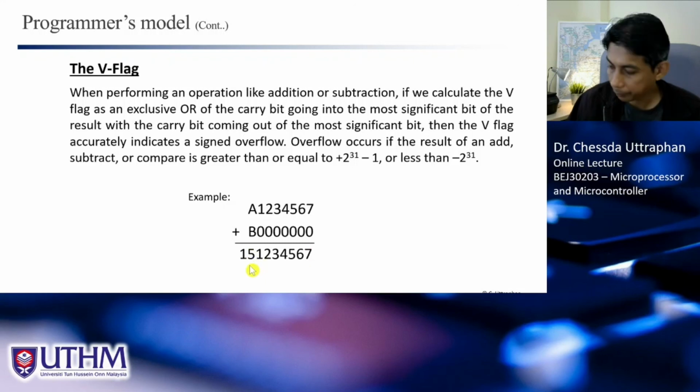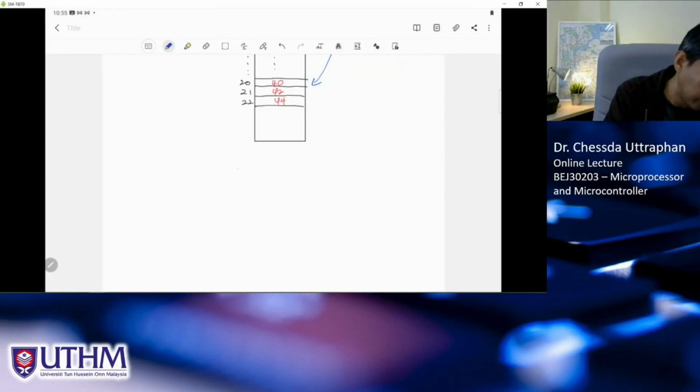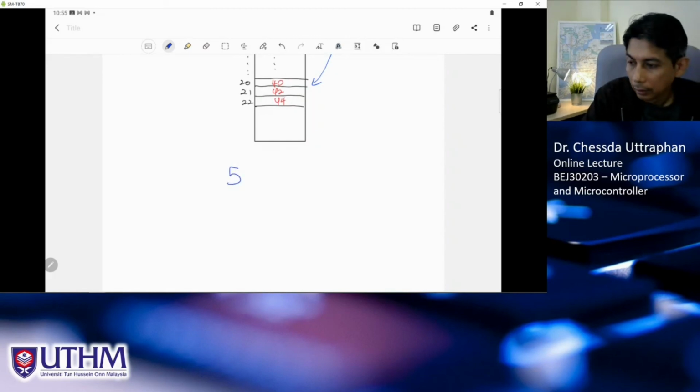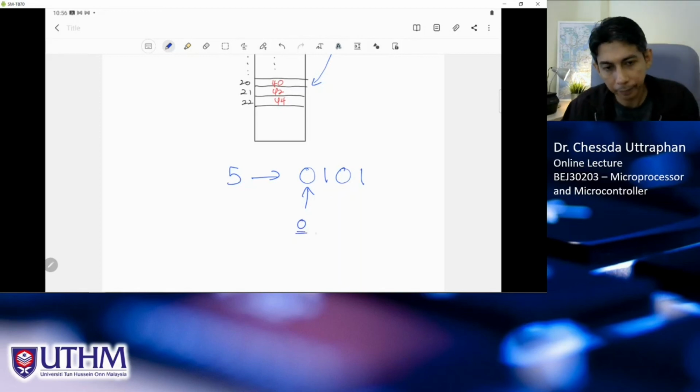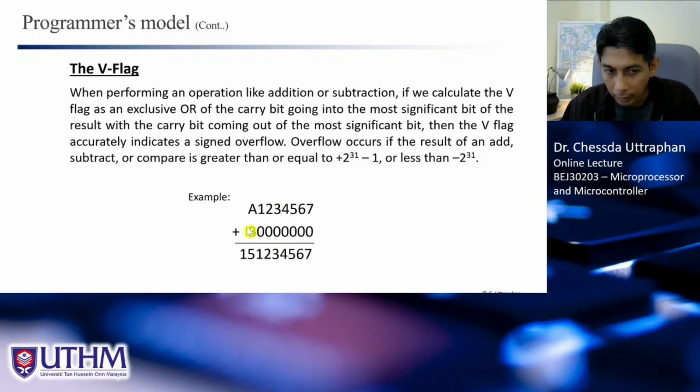5 in binary is 0101. So you see the MSB now is 0, meaning positive. If negative plus negative, you should have a negative result, right?